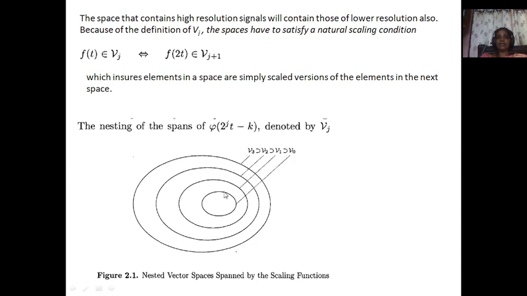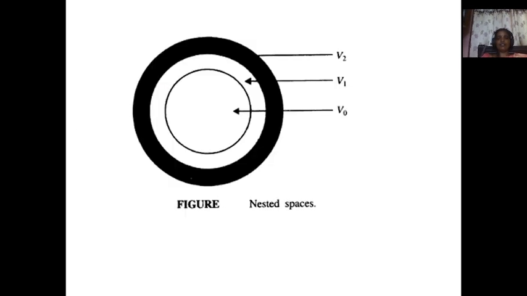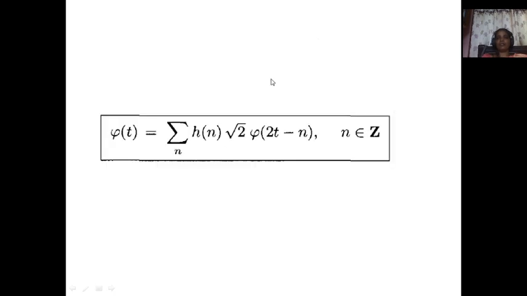Similarly, some more translations from V1 attain V2. This is the nested vector spaces spanned by the scaling functions. This is a simple notation V0, V1 and V2. For understanding purposes, the color difference is given here.